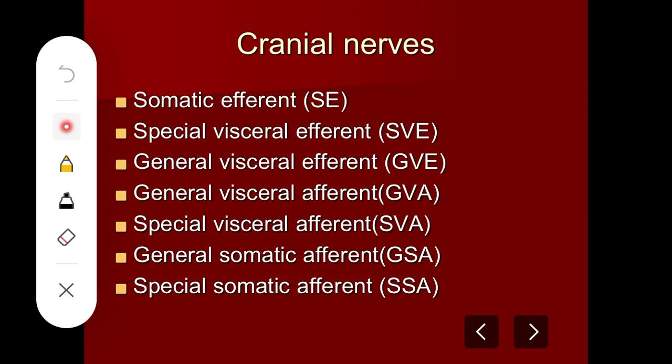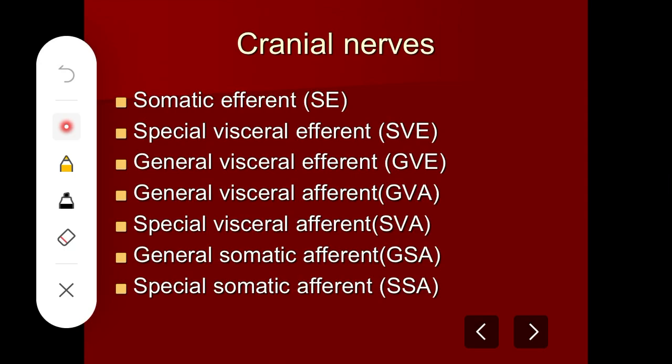Somatic efferent, special visceral efferent, general visceral efferent, general visceral afferent, special visceral afferent, general somatic afferent, special somatic afferent. When I am reading the list like that, you must be thinking, oh, such a long list, so tough. No, it's very easy to understand once you know certain basic concepts in that. So I'll make that clear to you. Then you will be able to list all the cranial nerves and their functional components.